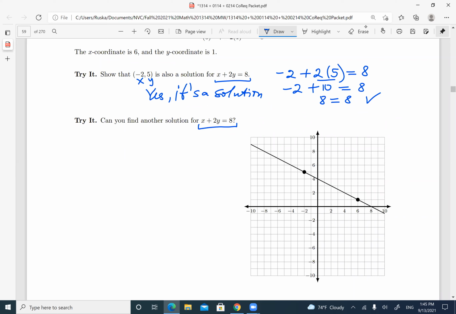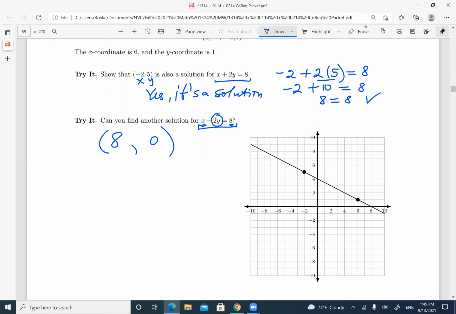What is going to be x? If I replace y with 0, 2 times 0 is 0, right? So what does x equal? 8. That's right. I picked y as 0, so (8, 0) is a solution.